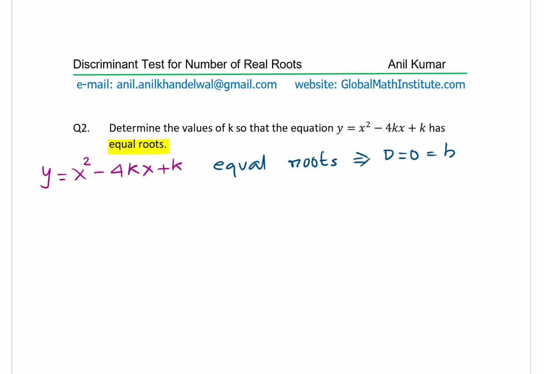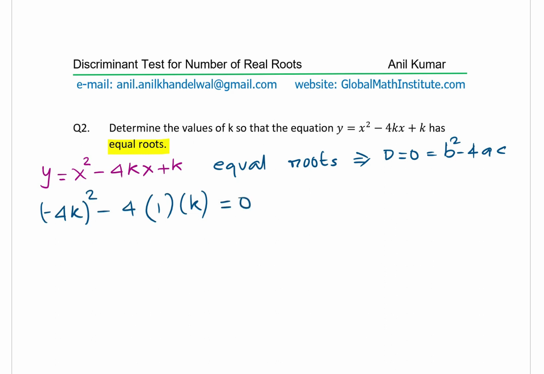We are trying to say that b squared minus 4ac is 0. So in this case, b squared is minus 4k squared, minus 4 times a, which is 1, and c is k, and that should be equal to 0.